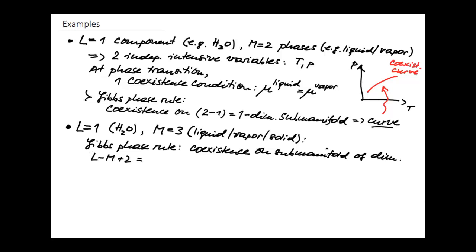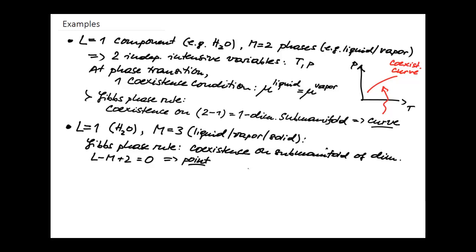Now in this case, L is 1, m is 3, so L minus m plus 2 is equal to 0. So we can have coexistence only on a manifold of dimension 0. A manifold of dimension 0 is a point. A point has 0 dimension.